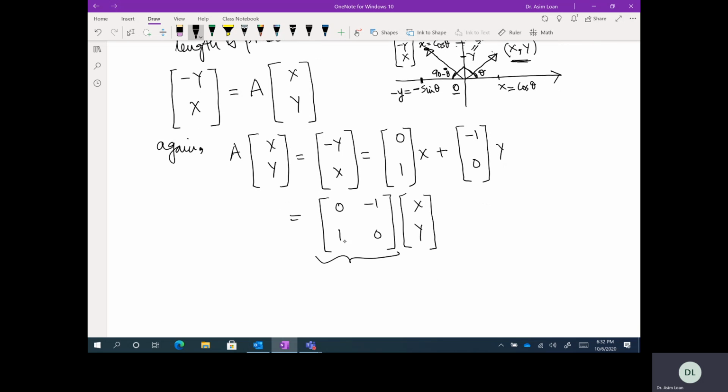This is a rotation matrix, which rotates the entire space around the origin by 90 degrees. Okay.